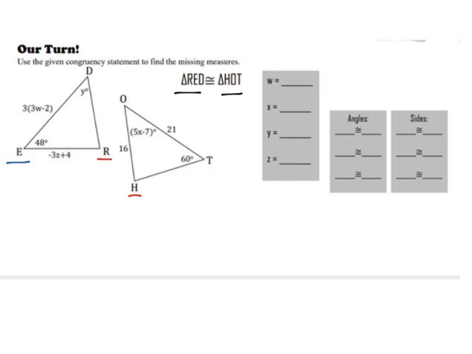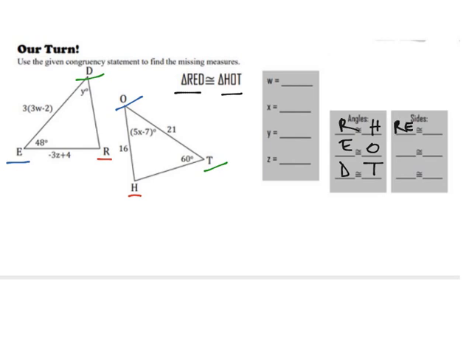Then E goes with O. I'll do the last one. D goes with T here in green, okay? So filling in those pieces here, I'll put in R, H, E, E goes with O, and then D goes with T.